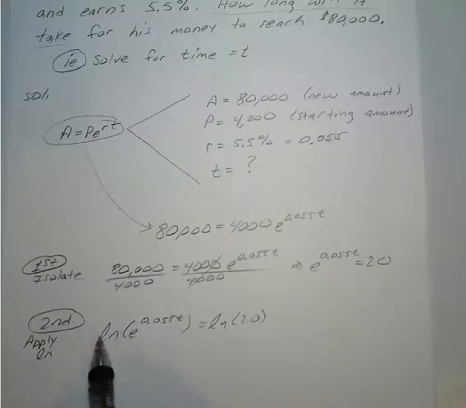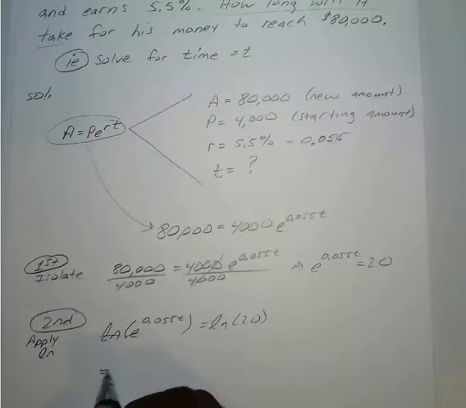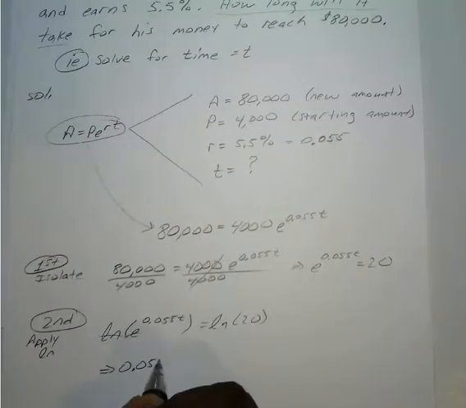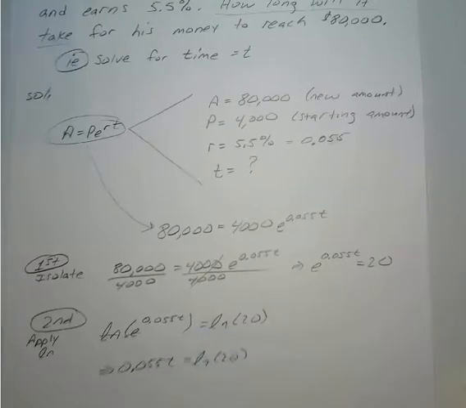Remember, your natural log and your e will cancel each other out. So that leaves us with 0.055t equals natural log of 20.